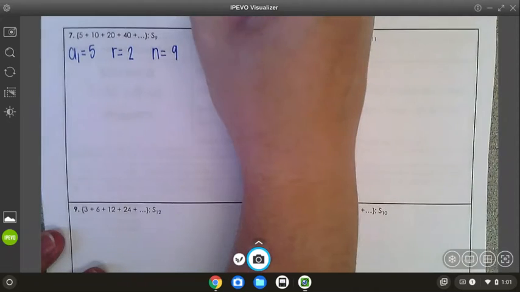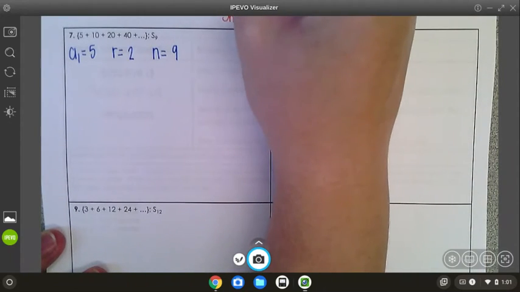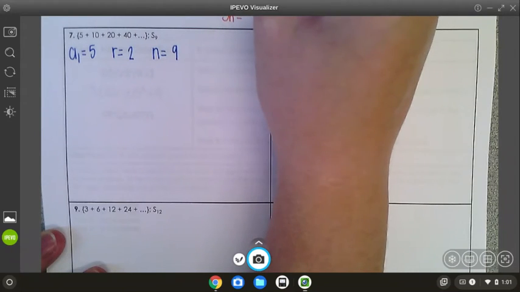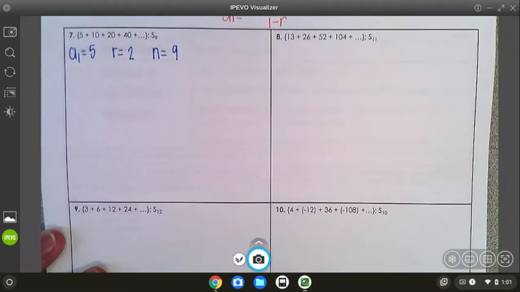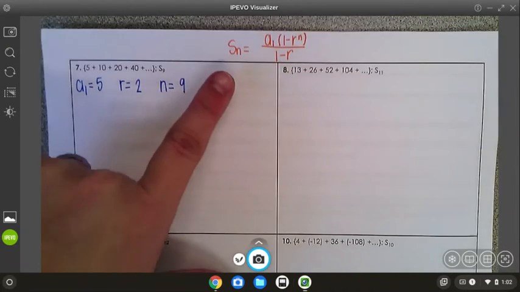I'll remind you of your formula. So here's your formula.